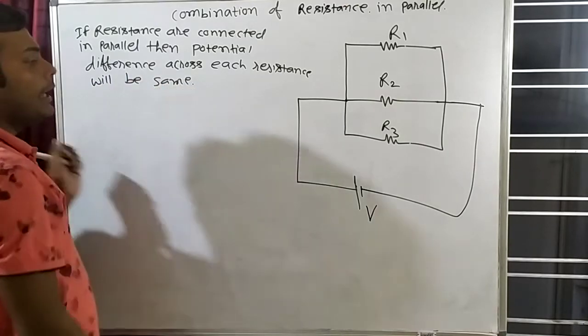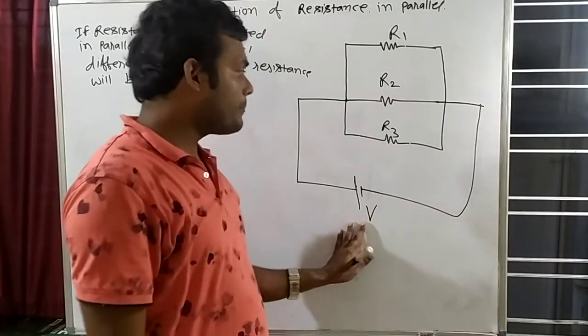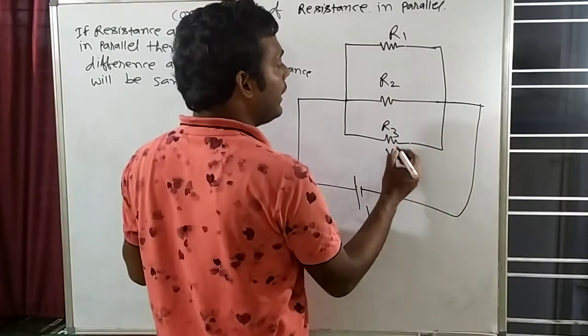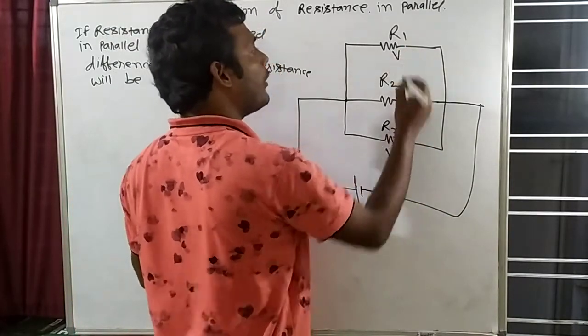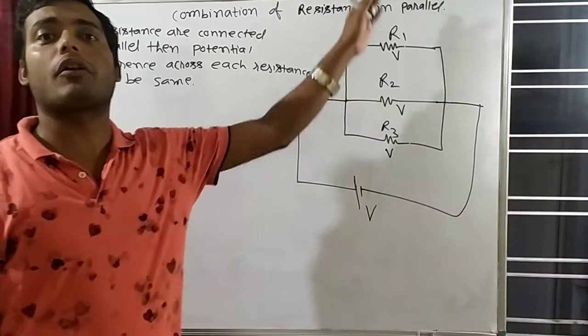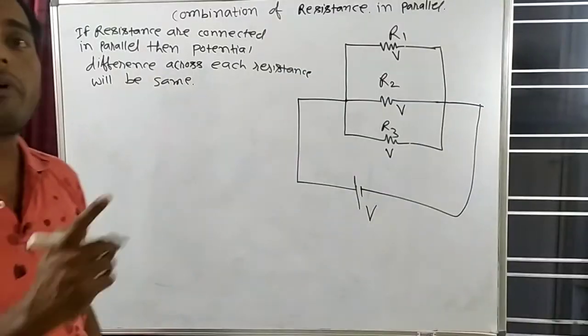For example, the potential difference here is V, so here will be also V, here will be also V, here will be also V. So potential difference across each resistance will be same. In series what will be same?